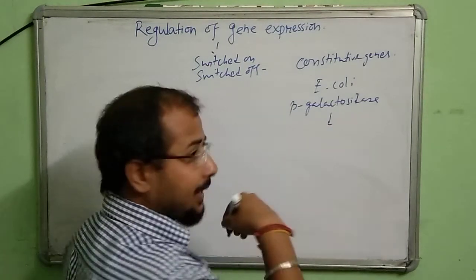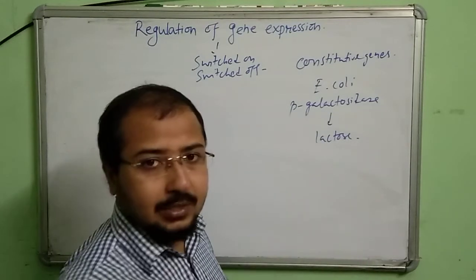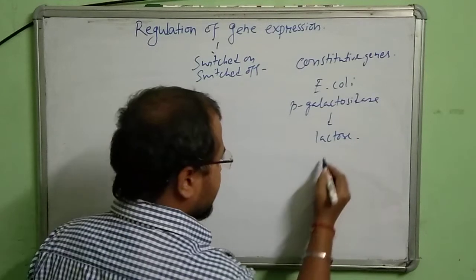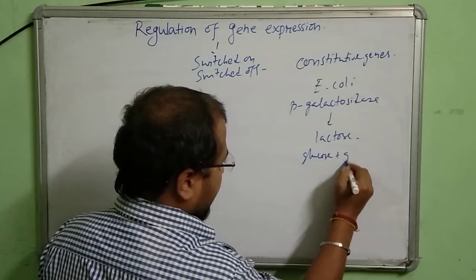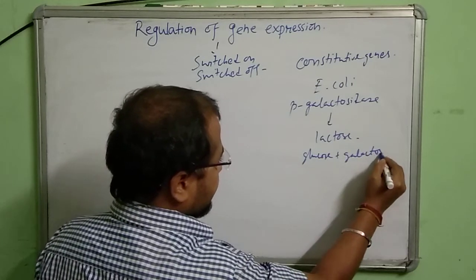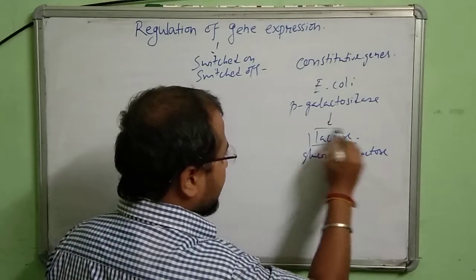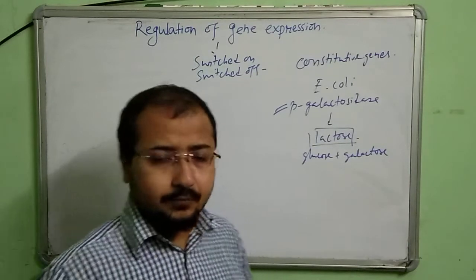to break down the lactose. Lactose is a disaccharide. If you break down lactose, you will get two monosaccharides, glucose and galactose. So this is the metabolism of lactose. To break down lactose, this enzyme is required in the E. coli bacteria.